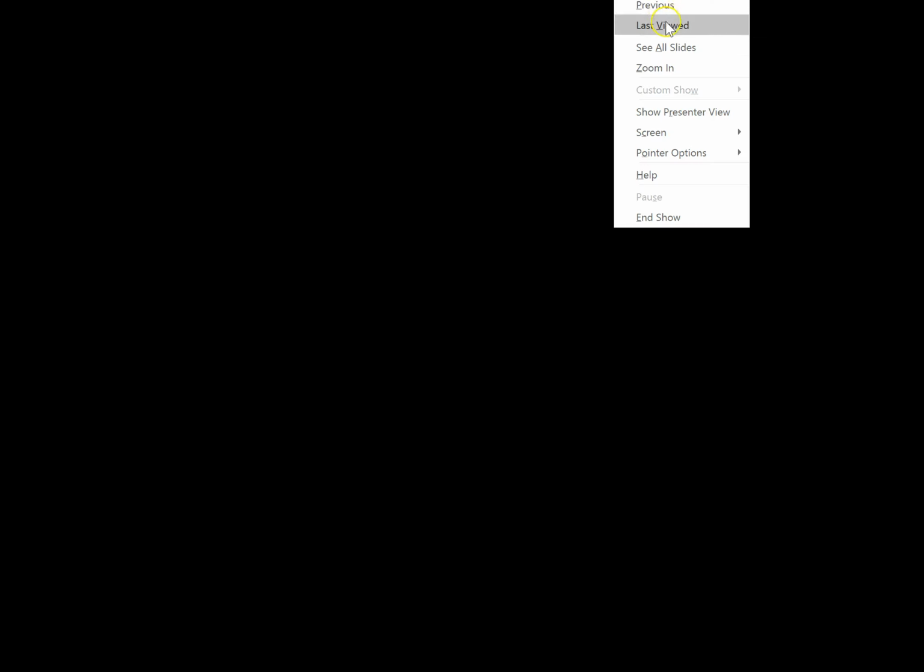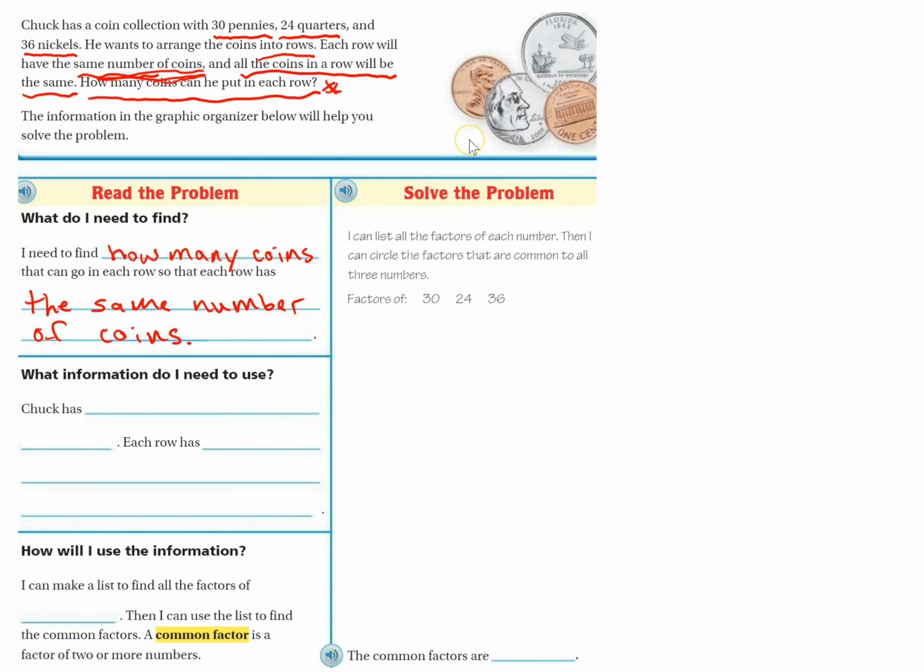Oh, whoops. Let me go back. Previous. Okay. Sorry about that. I lost you there for a second. Okay. What information do I need to use? Well, I need to use how many coins he has and how many of each kind of coin. So Chuck has, and we see at the top, 30 pennies.